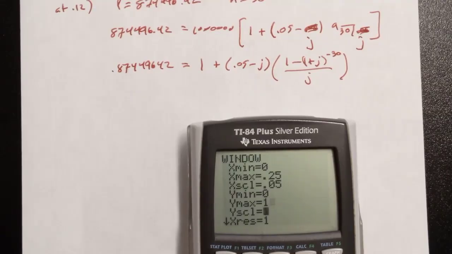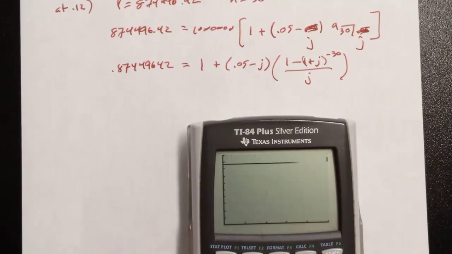So I really don't need anything bigger than that. And now if I graph this sucker, there's that left-hand side, and here comes the right-hand side. Hey, there's my yield curve. And that's the yield curve I keep expecting, right? The yield curve that comes down and is concave up and asymptotic to the x-axis. Where do those intersect?